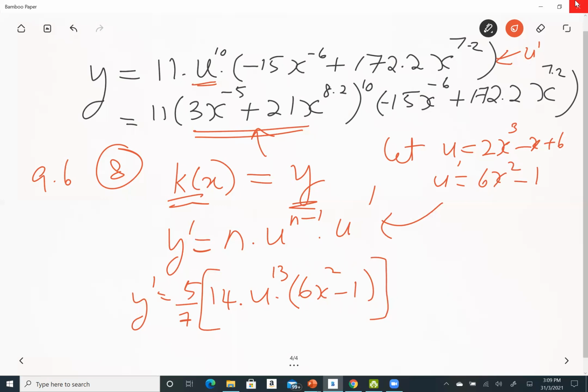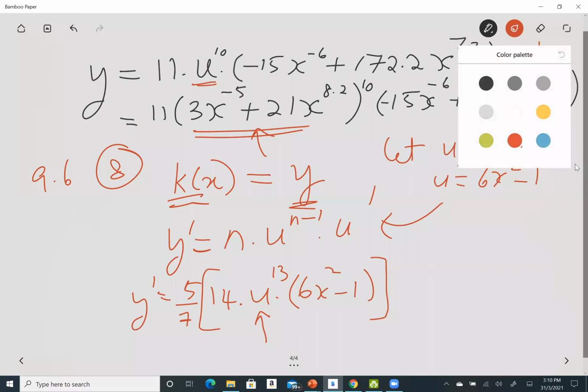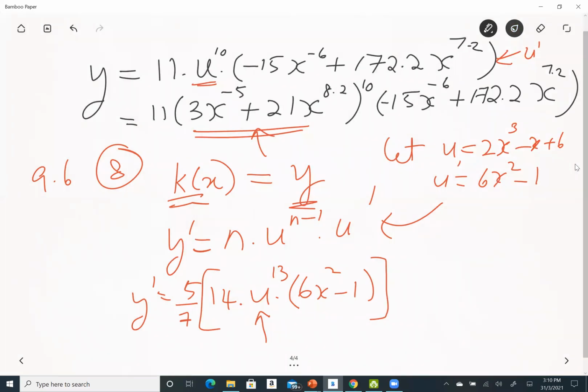Okay, all right. So now you put in u as the terms in x, so everything now you've got is in terms of x. So the constant 5/7 will just follow the derivative. Everybody got like this?